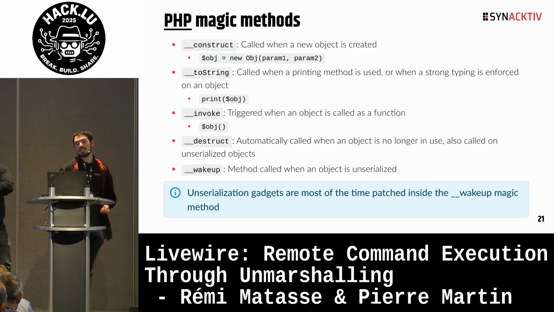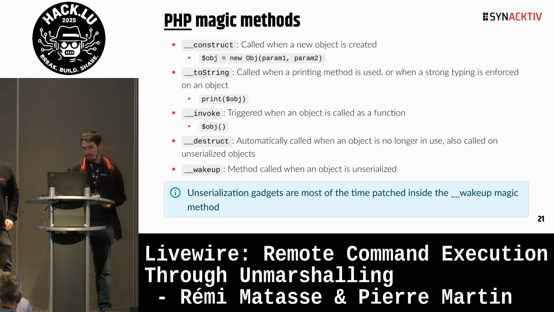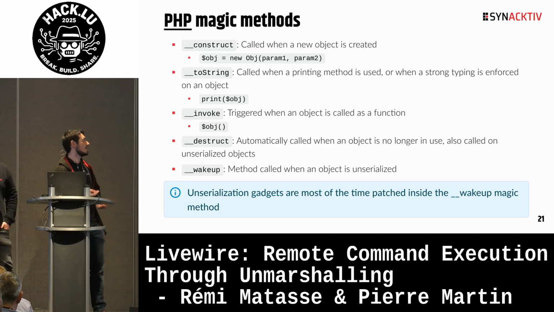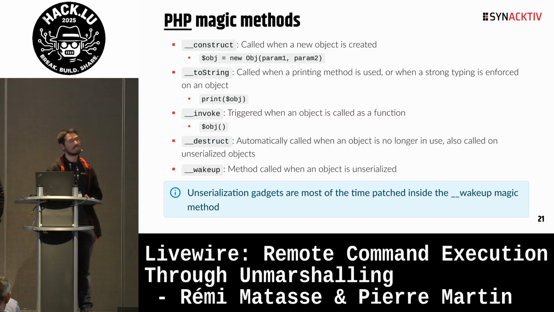There are other ones, for example, destruct, which will be automatically called when the object is no longer considered as being used inside PHP. This one will be called as long as one object is created in PHP. So when you've got an object, you will have a call to destruct. And the last one, which is pretty interesting, is the wakeup function, which will be called when you have unserialization.